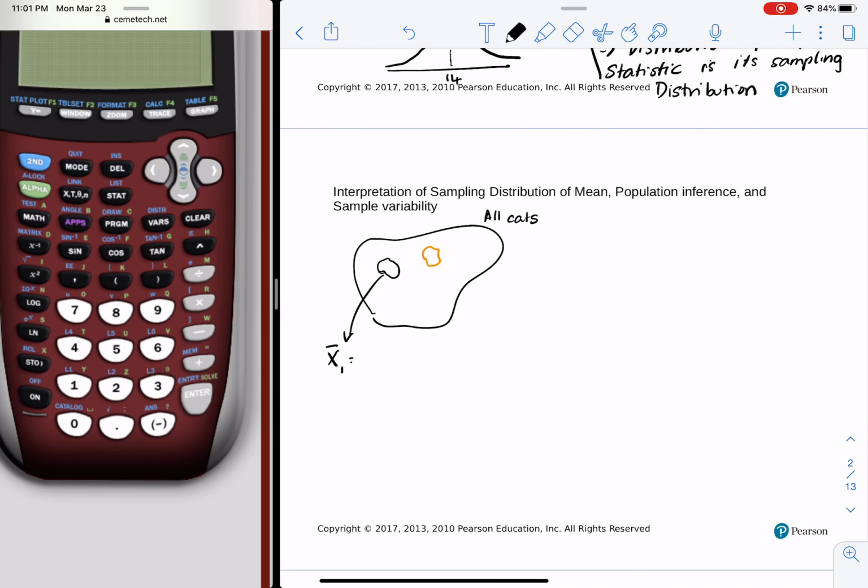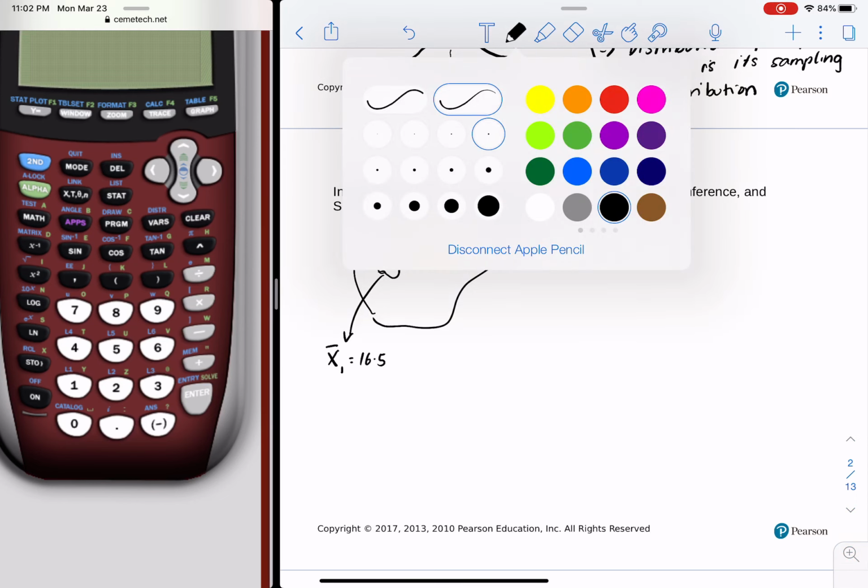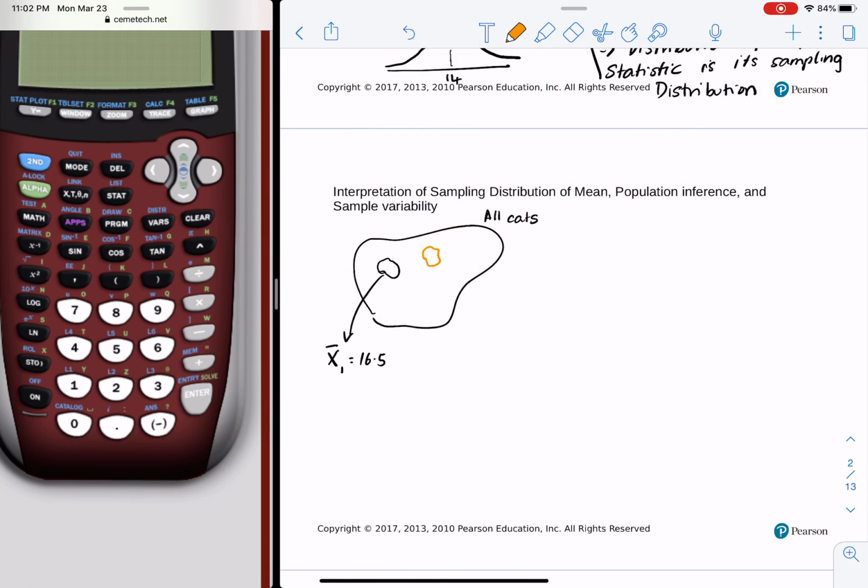For instance, if I have 16.5, the next sample need not give us 16.5, rather it could give us 17. The next sample may not give any of the last two values, rather it could give us 15.